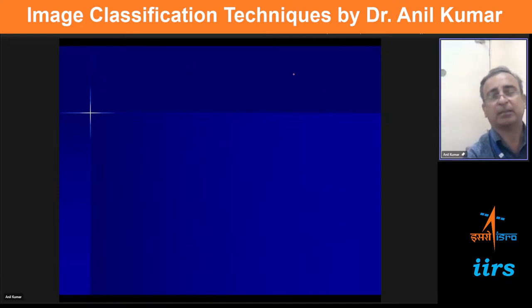Graphical method means you can plot a maximum of 3 bands on 3 axes. Suppose B1 you are putting here, B2 you are putting here, and B3 you are putting here. So you can plot all the feature vectors here.